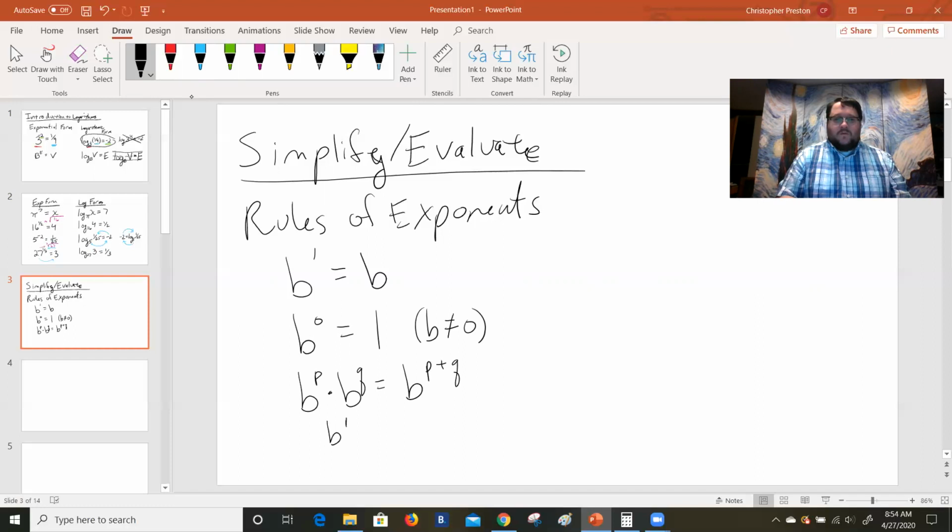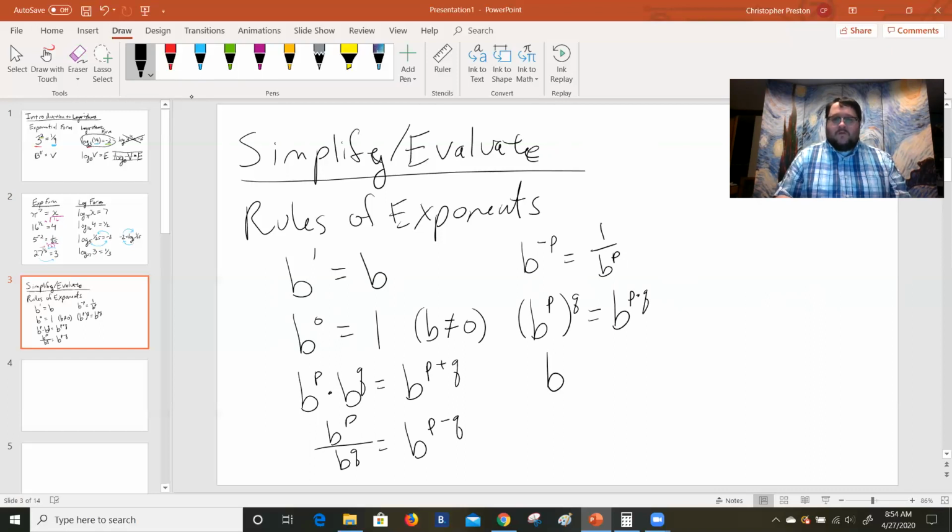If you divide, then you subtract those exponents. If you have a base to a negative power, you do the reciprocal of that base to that power. If you have a base to a power and you raise that to a power, you multiply those exponents.